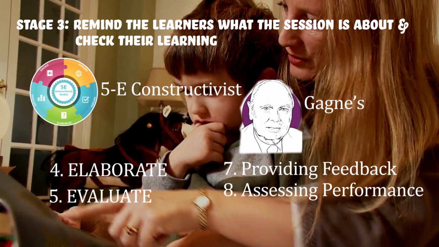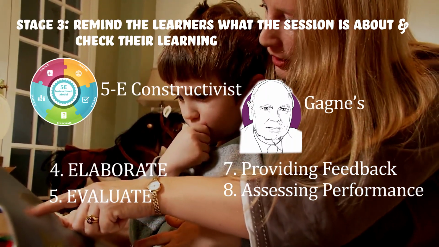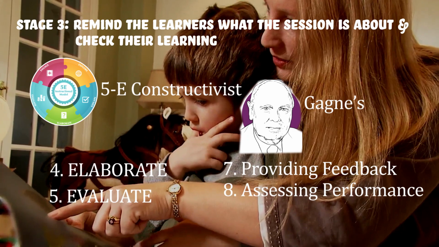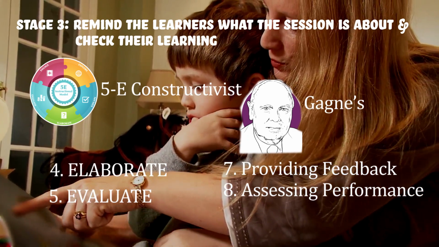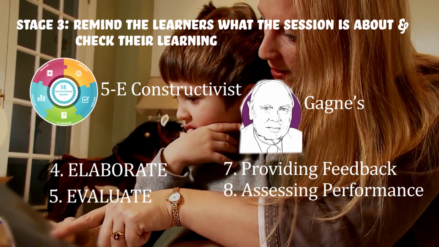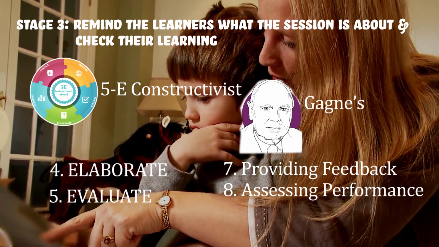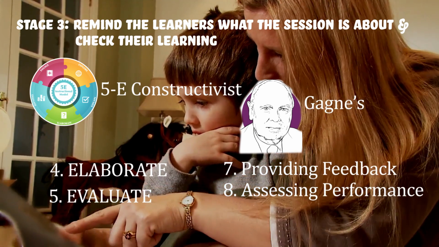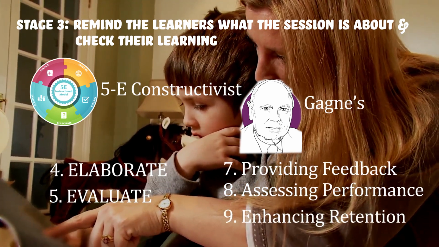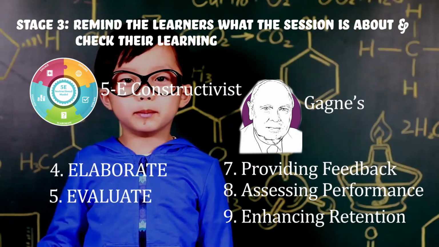As the teacher provides feedback to the learner, taking the feedback into consideration, they should be able to adjust their own performance to meet the standards and the competencies. This could be internal on the part of the student. At the same time, the teacher and the module should be able to adjust too. Then, step 9 is enhancing retention and transfer.